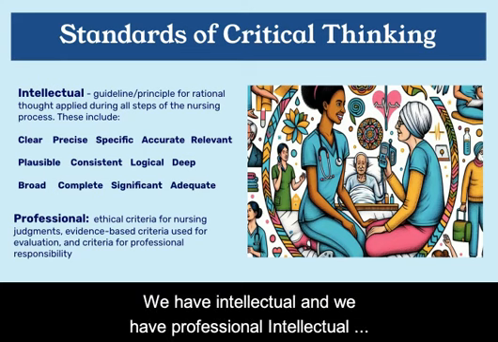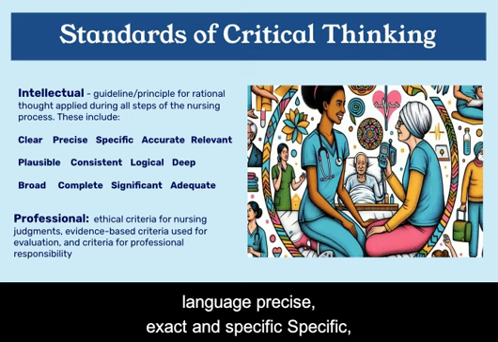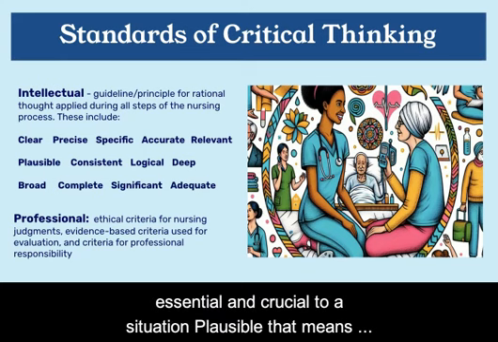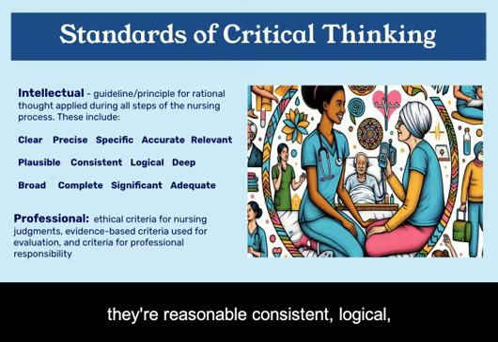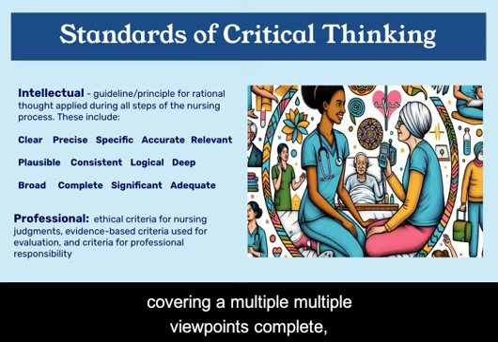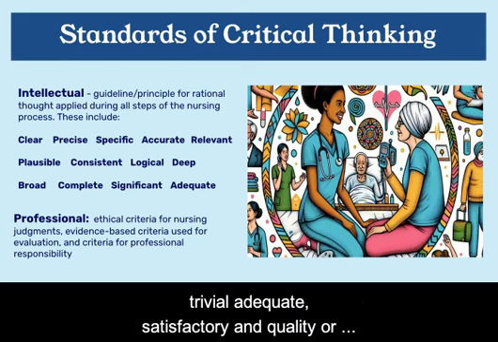Intellectual standards include being clear, plain and understandable language; precise, exact and specific; accurate, true and free from error; relevant, essential and crucial to a situation; plausible, meaning reasonable; consistent, logical; deep, containing complexity and multiple relationships; broad, covering multiple viewpoints; complete; significant, focusing on what is important and not what's trivial; adequate, satisfactory and of quality amount.